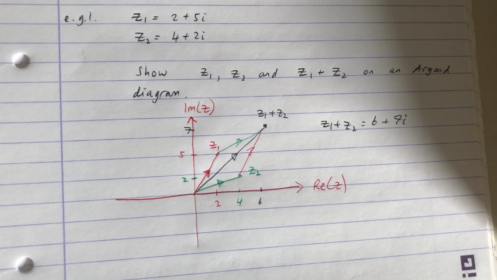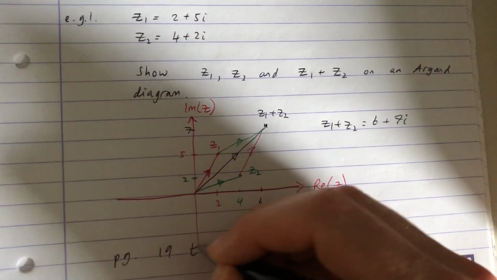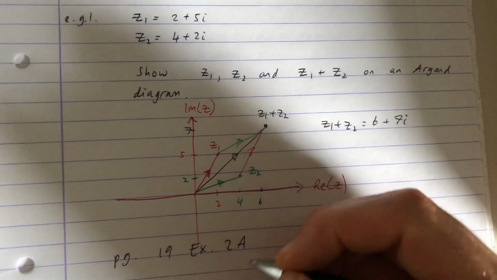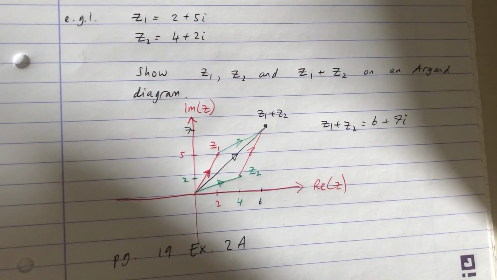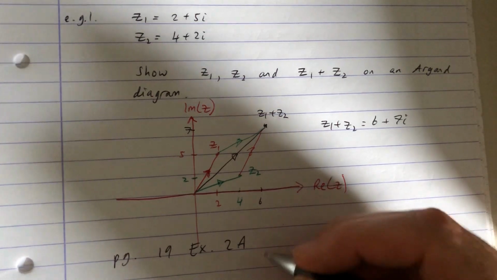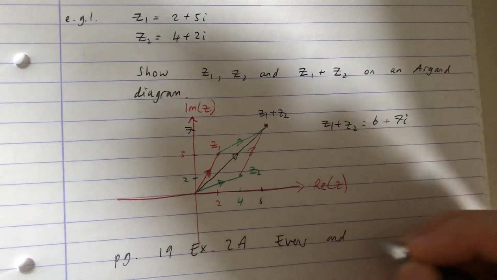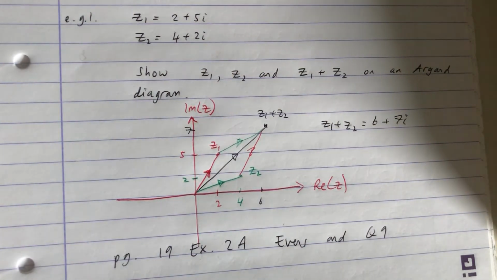Now, if you find page 19, I'd like you to do exercise 2A. Let's do the evens, plus question 9. And that'll be it.